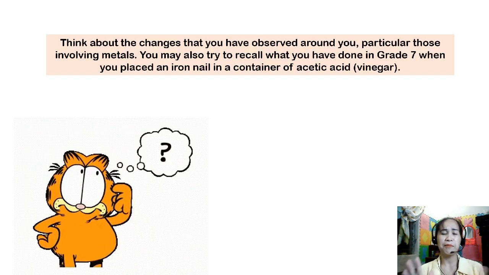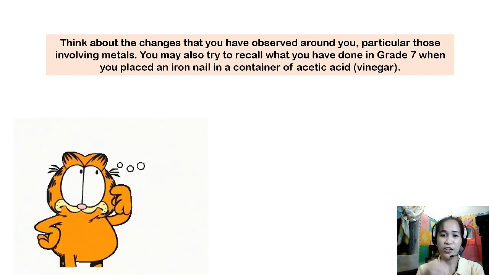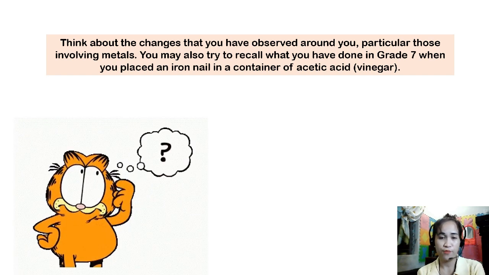Okay, let's proceed. So think about the changes that you have observed around you, particularly those involving metals. You may also try to recall what you have done in your grade 7, when you place an iron nail in a container of acetic acid or vinegar.